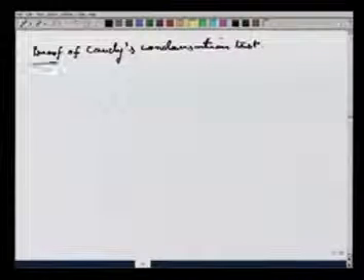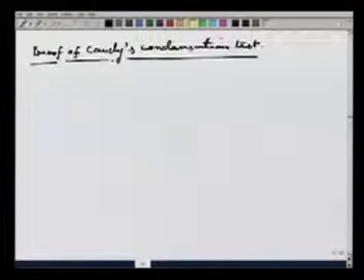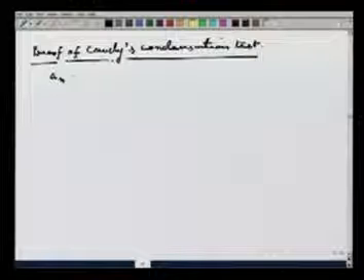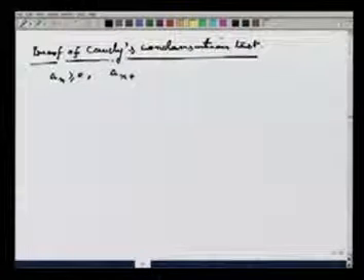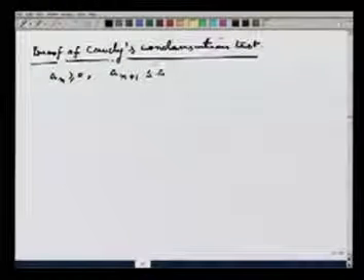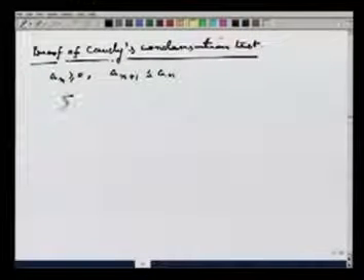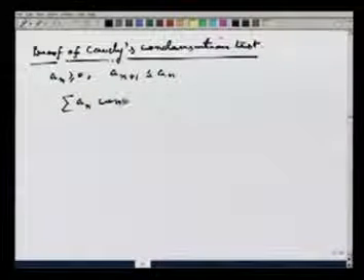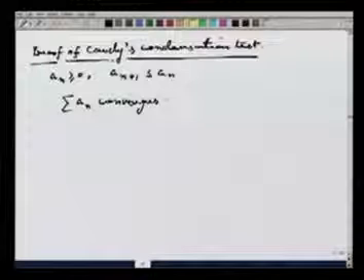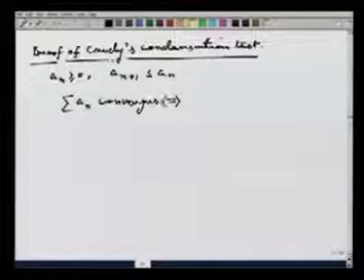So let us recall the statement again, that a n is non-negative, decreasing, then I have to prove that summation a n converges if and only if summation 2 to the power k a 2 to the power k converges.